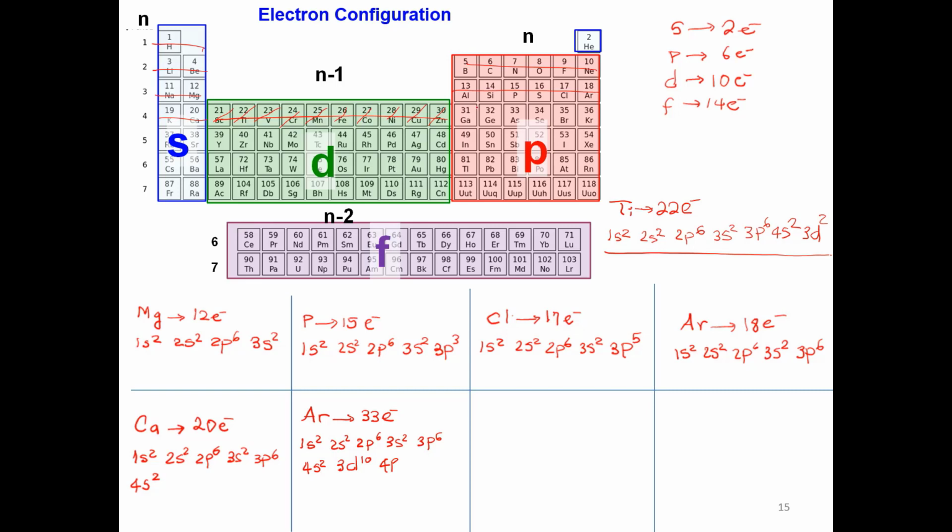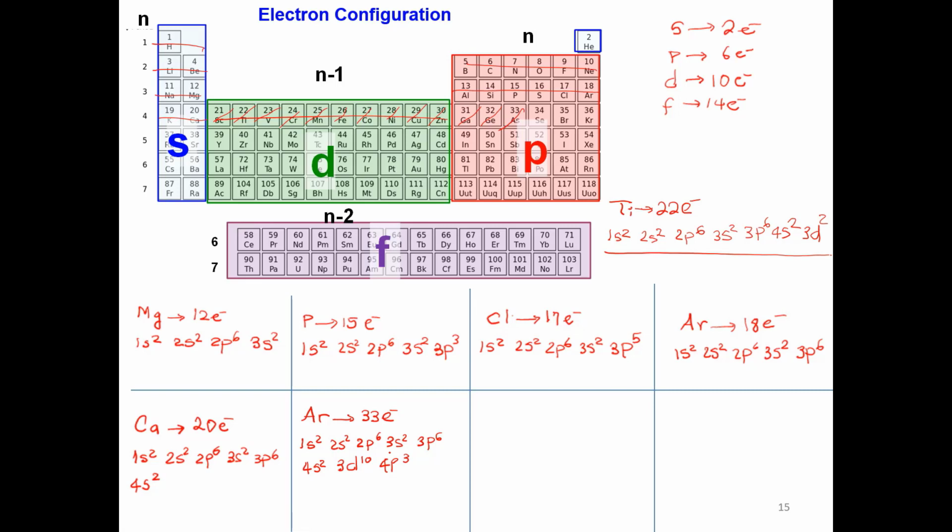Now we count 1, 2, 3, 4p3. And this is the electronic configuration for arsenic. If you add this together, you should get 33. Up to here we had 10, another 10, we had 20, 30, 33.